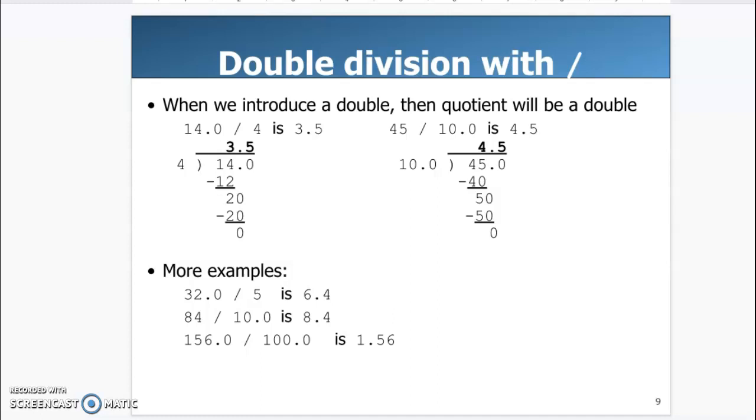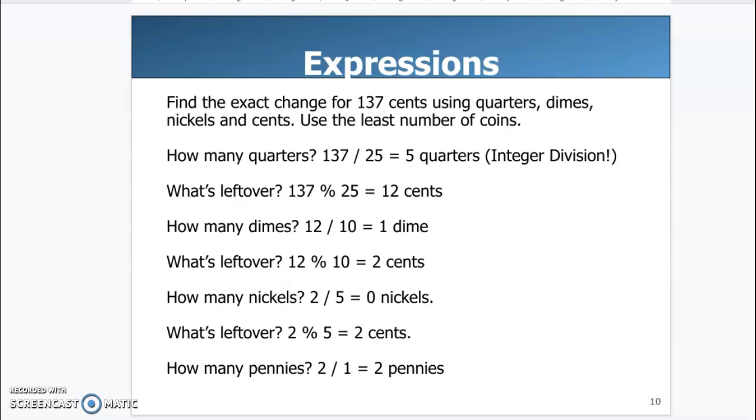Okay, so integer division and modulus get used together a lot in a couple of instances. Here's an example where we have 137 cents, and I'm giving someone change, and I want to minimize how many coins they get back.